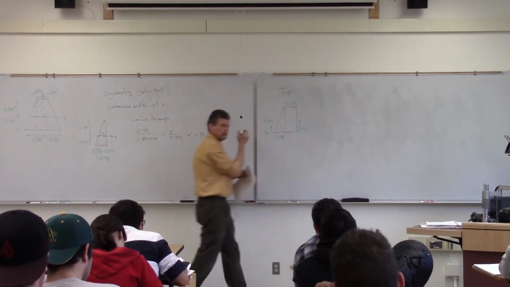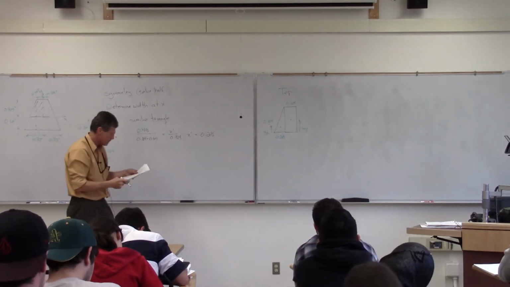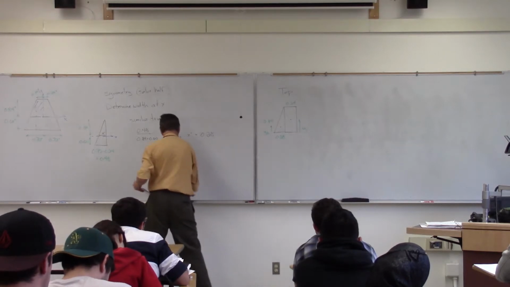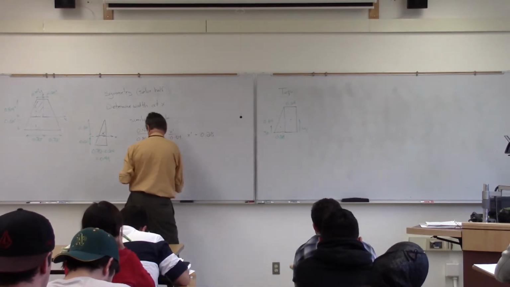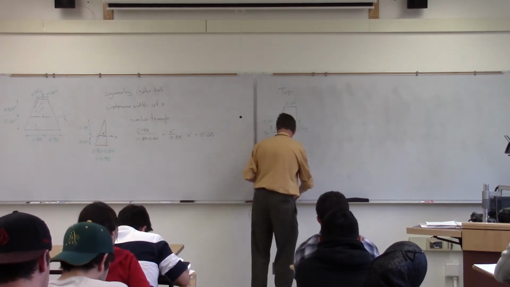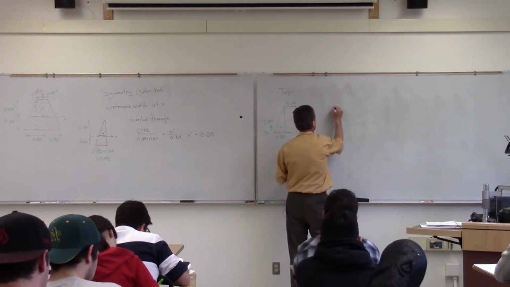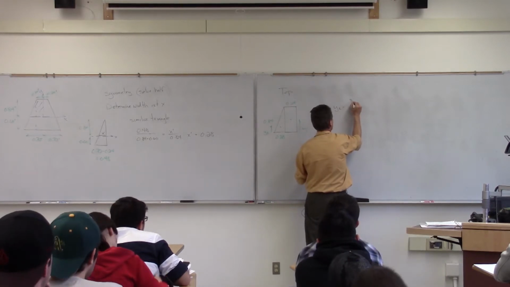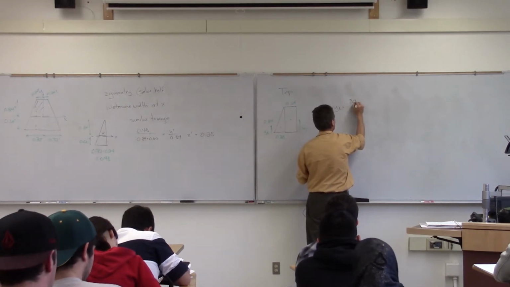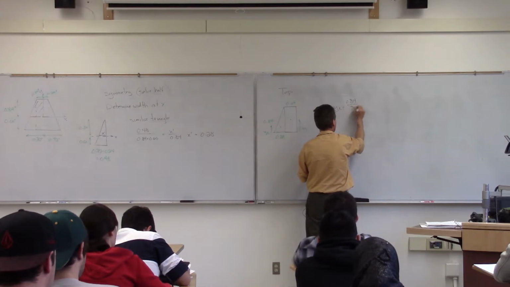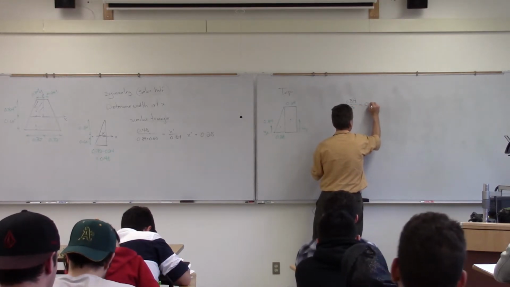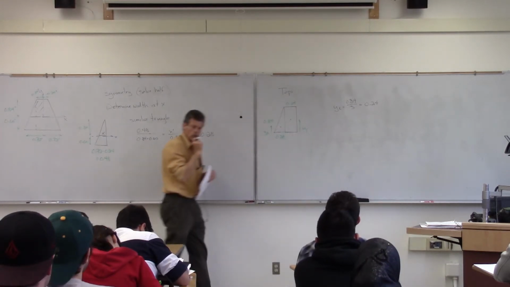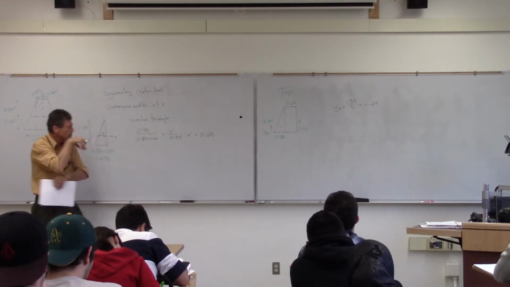And we'll use YT for Y triangle and YR for Y rectangle. Okay, the location of the centroid of a triangle is going to be 1/3 up from its base.